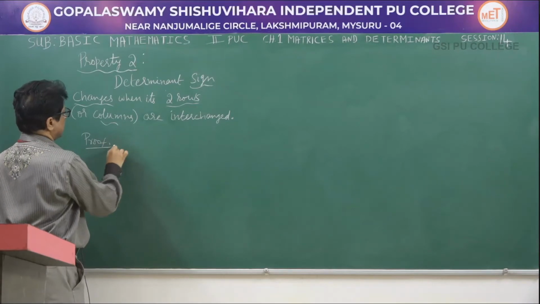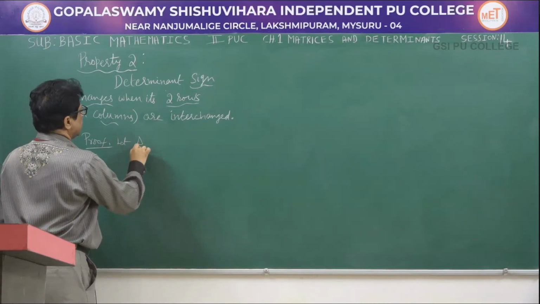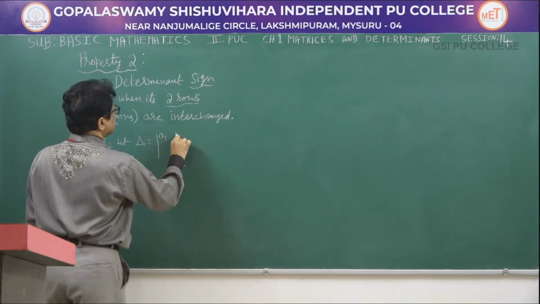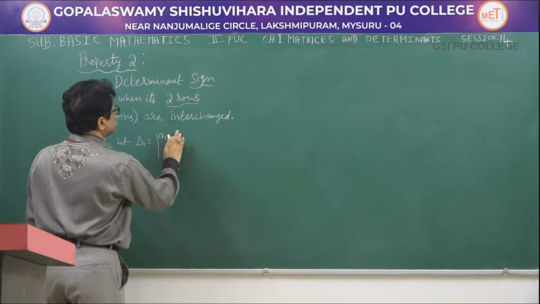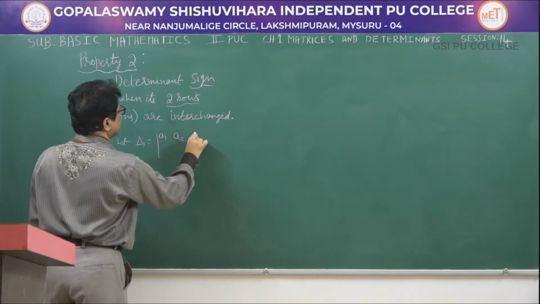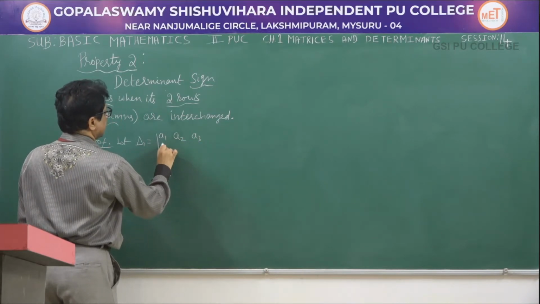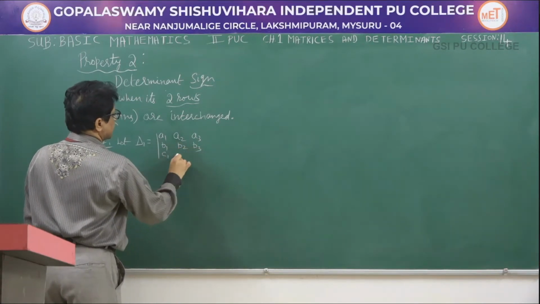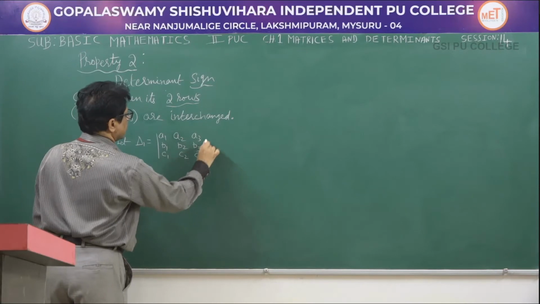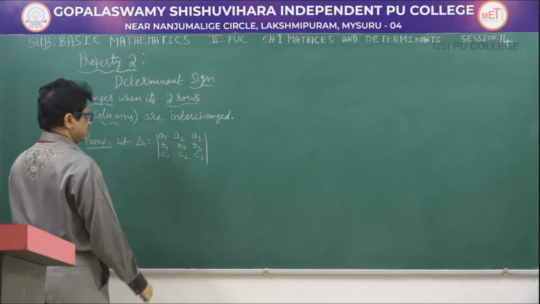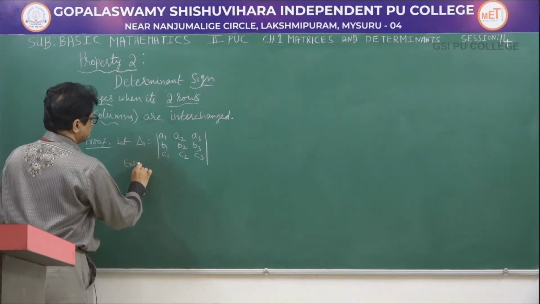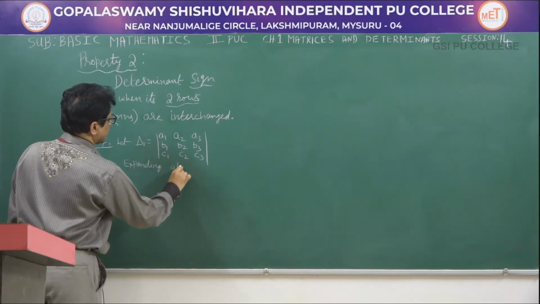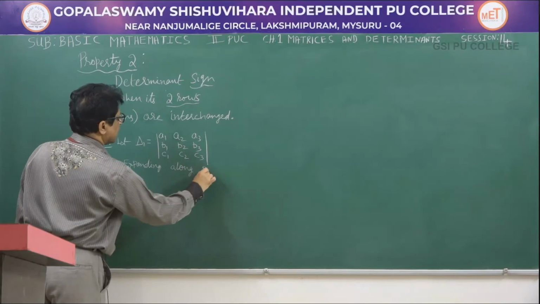Proof. Let delta 1 is equal to determinant of A1, A2, A3, B1, B2, B3, C1, C2, C3. Expanding along R1.